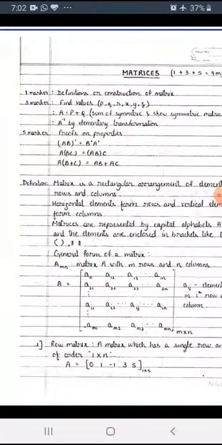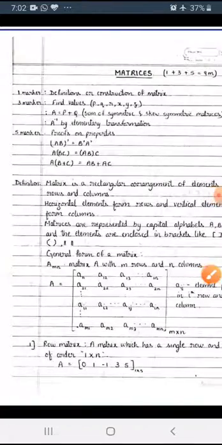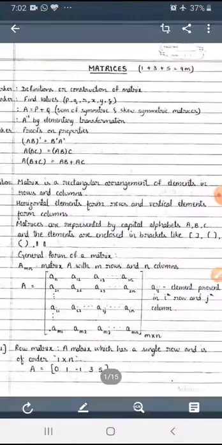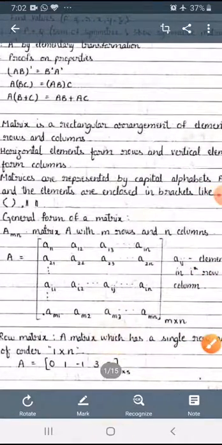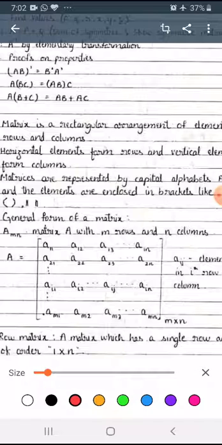Is it? Now we will see the general matrix. See here, one general matrix is there. It's a capital A, and all the elements are enclosed by a closed bracket.